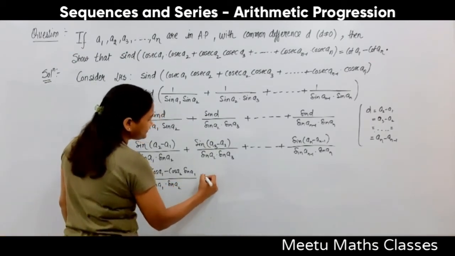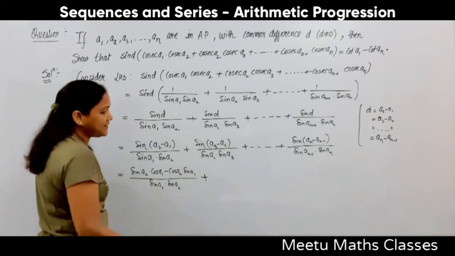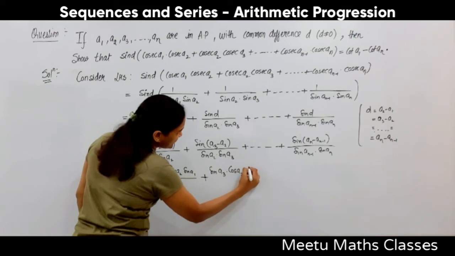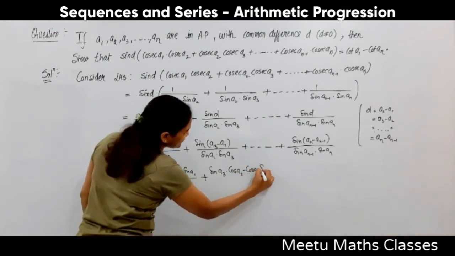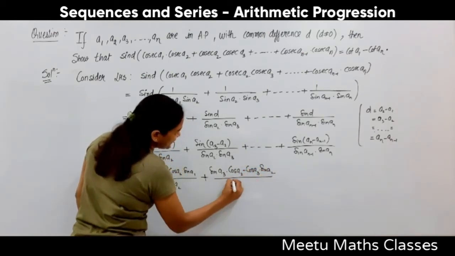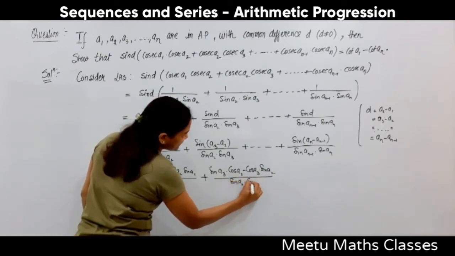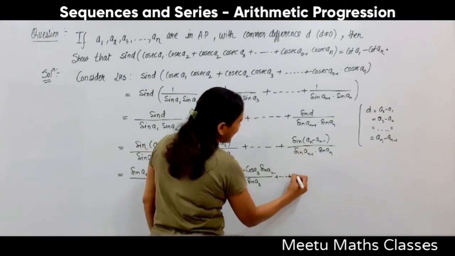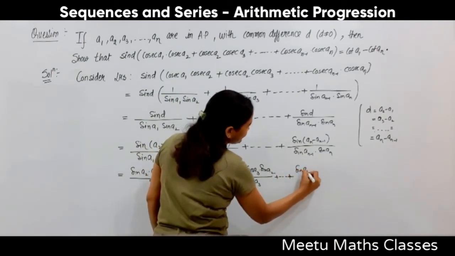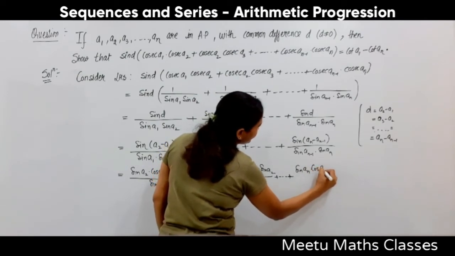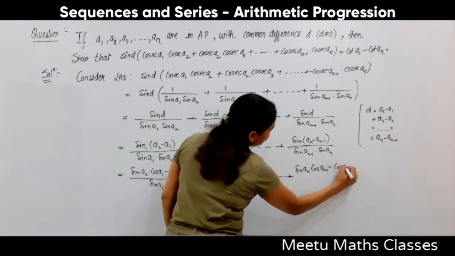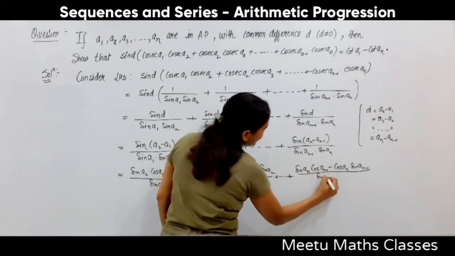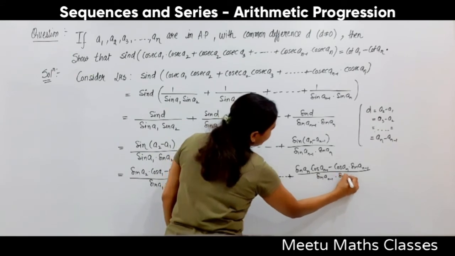Here also we can write sin (A minus B), sin A cos B minus cos A sin B, divided by sin A2 into sin A3, and similarly the last one can be written as sin A cos B minus cos A into sin B, divided by sin An minus 1 into sin An.